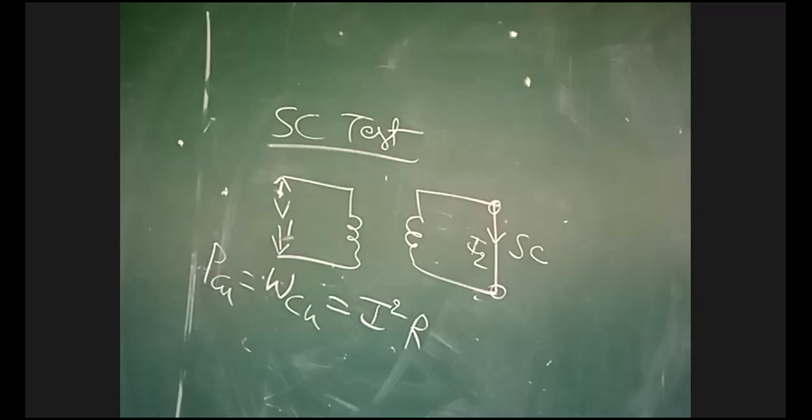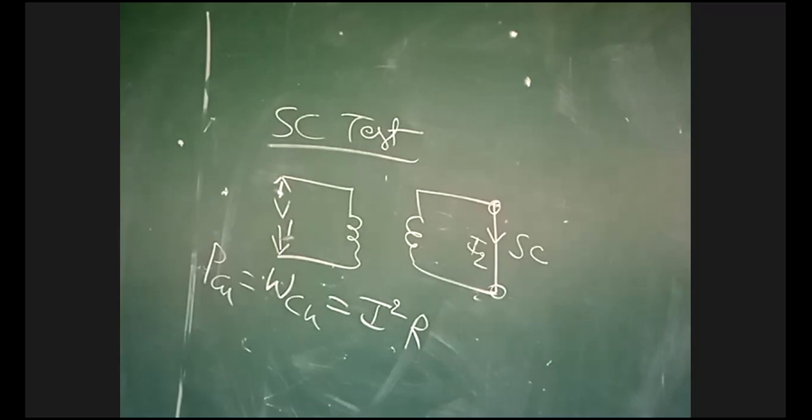That is why you have to apply full current. If the maximum current of the transformer is 5 ampere, you have to apply 5 ampere only. Then it will give complete copper loss. If you apply less current, we can't determine the complete copper loss of the windings. That is why we apply the rated current of the transformer.